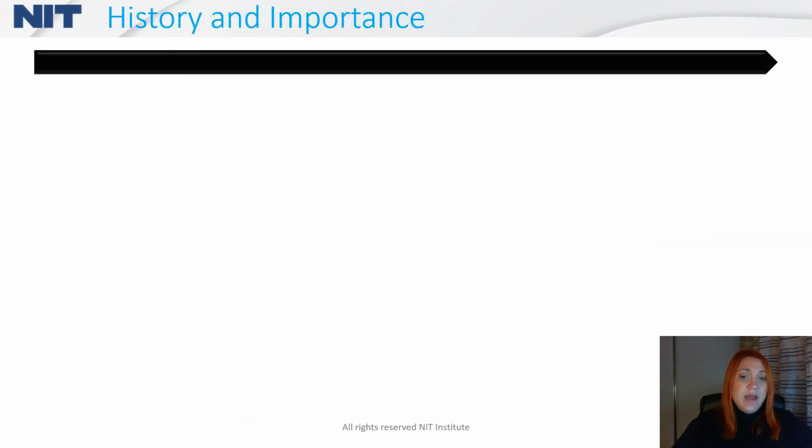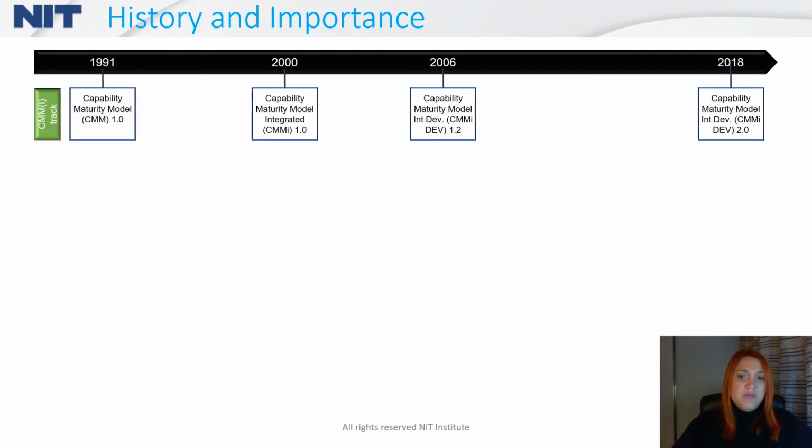In the early 90s, in the USA, the first process model which was created is called the Capability Maturity Model, or CMM. After almost 10 years, it was developed further to be used for modern cars. The version developed and released in 2000 was called Capability Maturity Model Integration, or CMMI.